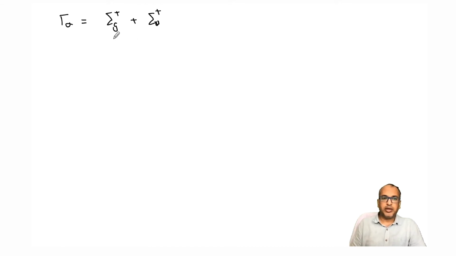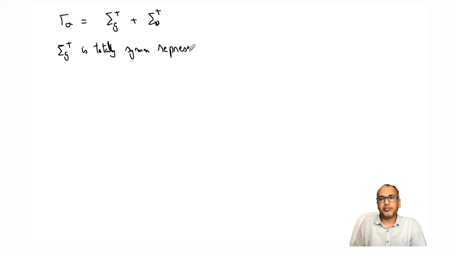Now, sigma G plus is a totally symmetric representation. Sigma G and sigma U are the Mulliken symbols, and remember that in infinity point groups we have different Mulliken symbols, so that's why I've written this. You can go back to the discussion of Mulliken symbols and see what it means for sigma G and sigma U plus. All the rules were described earlier.